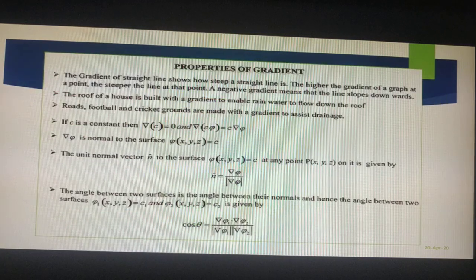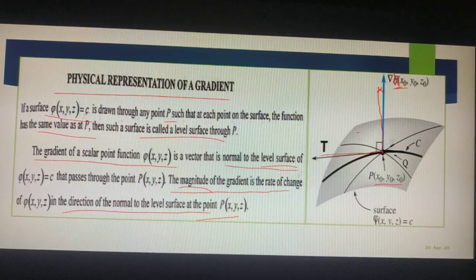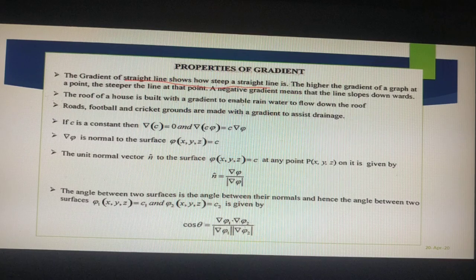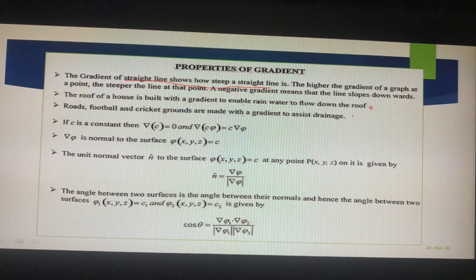There are certain properties. When we take a steep straight line on the positive side, that will be a positive gradient. Sometimes it goes to the negative side also for that surface. These are not good examples here; I will give some physical examples in this particular lecture.